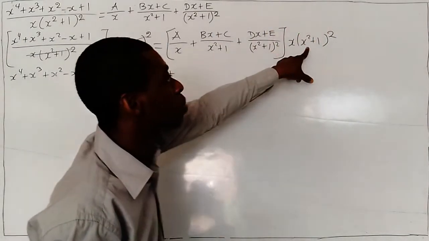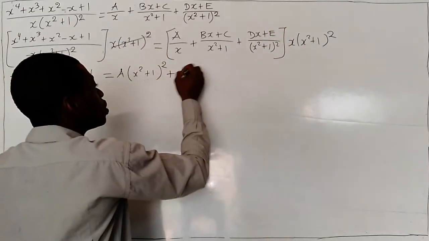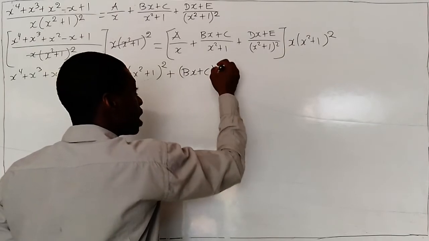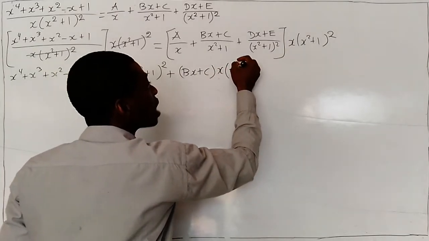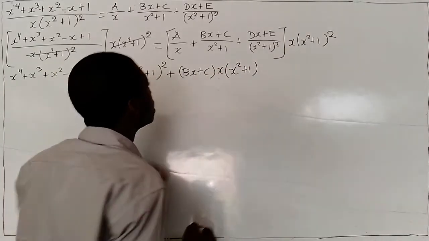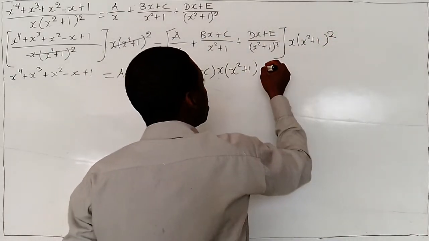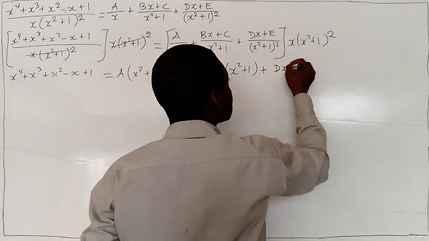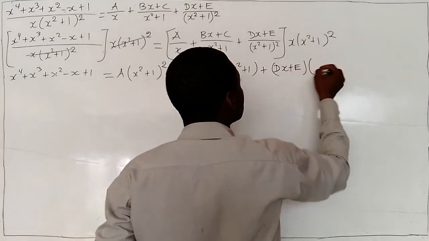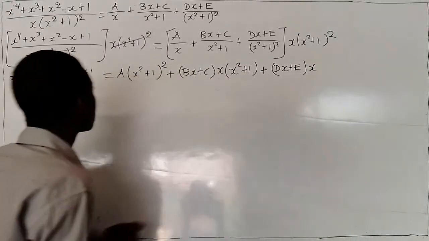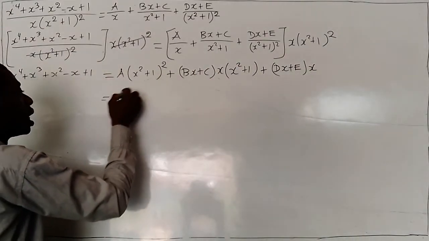One of the x squared plus 1 will cancel, we will be left with bx plus c bracket times x, then times x squared plus 1. Then the x squared plus 1 squared will cancel, plus dx plus e, everything times x times x.